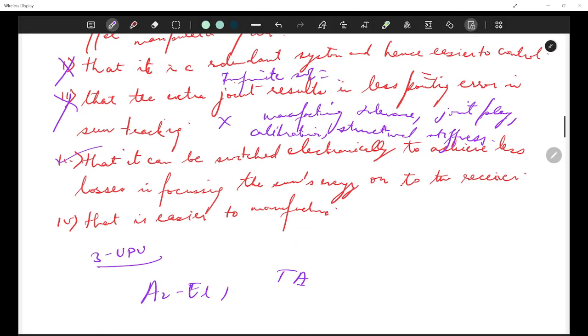Okay, let's move to option D. It is easier to manufacture. Parallel manipulators are usually more complex, require precise alignment and require careful joint fabrication. So they are definitely not easier to manufacture than simple azimuth-elevation systems. So it is definitely incorrect.